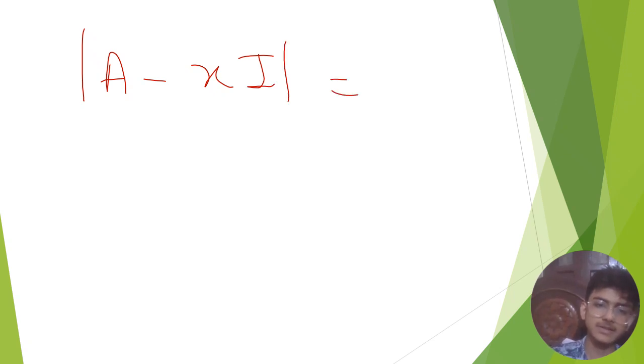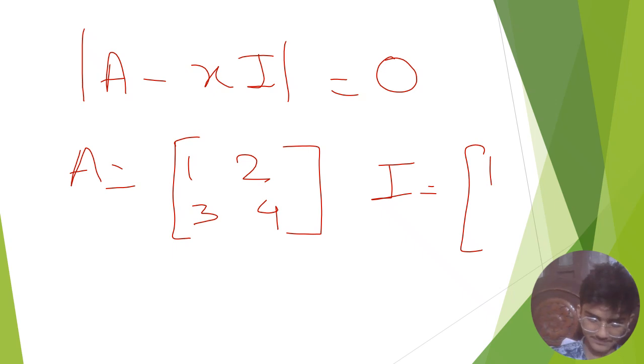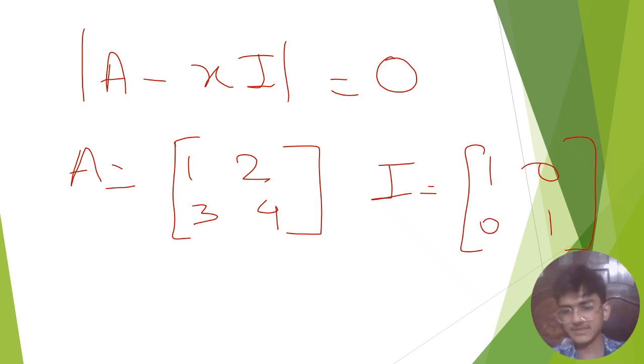Determinant of A minus xI is equal to 0. So we will take a matrix, and a matrix will be given, like take this: 1, 2, 3, 4. Now the identity matrix, as we all know, is in the form of this, right? It's a square matrix, a diagonal matrix.